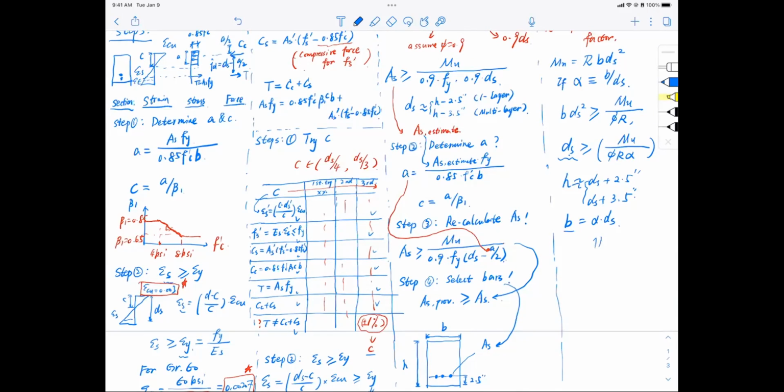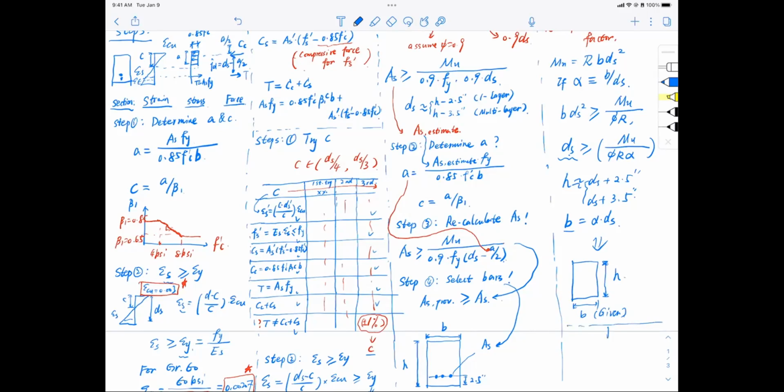So now you have a section with given width, and the depth is also estimated. But usually b is given. Usually in design, I tell you b, and you just have to determine h, or height. Once you arrive at this step, you have finished everything on the section.